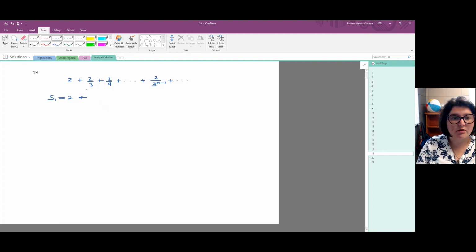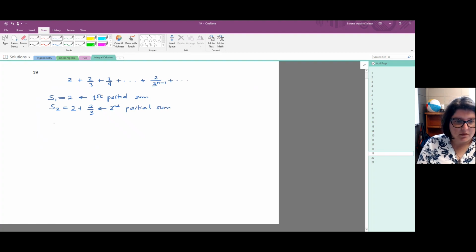The first partial sum is denoted by s sub 1, while the second partial sum corresponds to the addition of the first two terms of the series. So we take 2 and then we add 2/3. That's the second partial sum. The third partial sum corresponds to the addition of the first three terms of the series. So we take the first three addends and add them up. That's how we get the third partial sum.